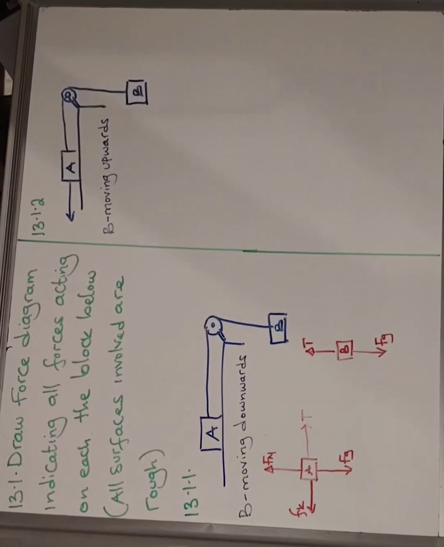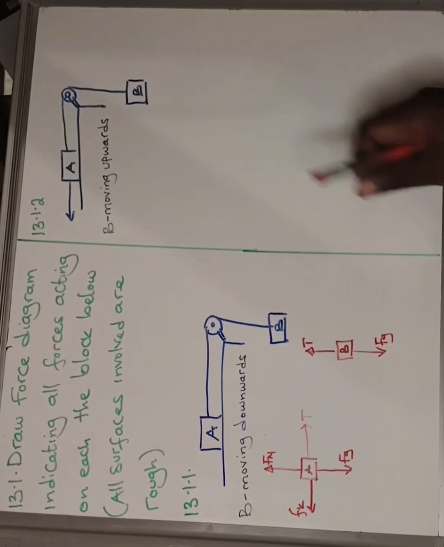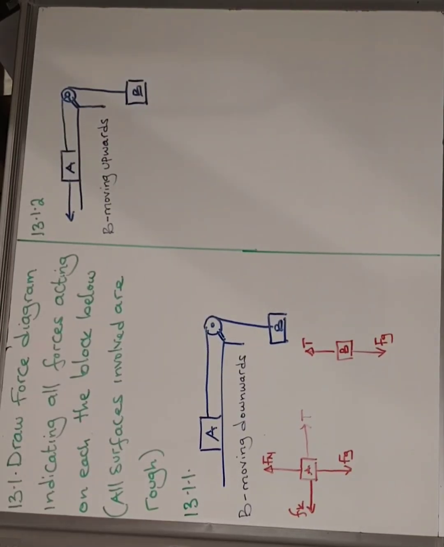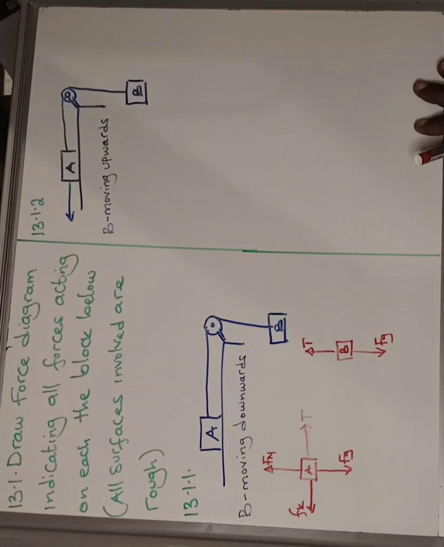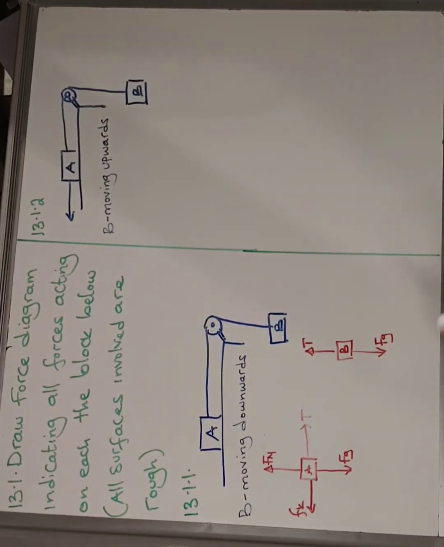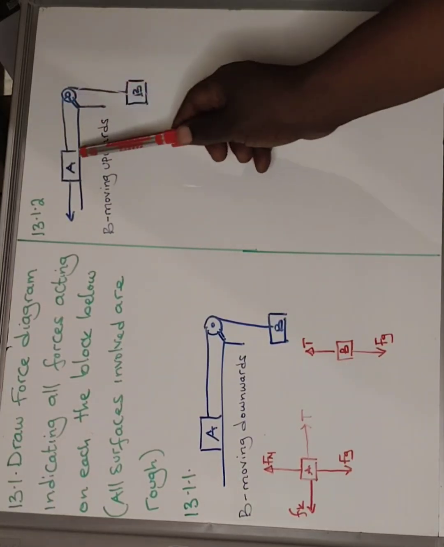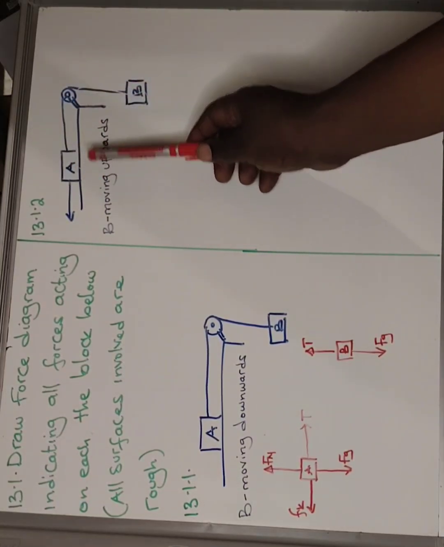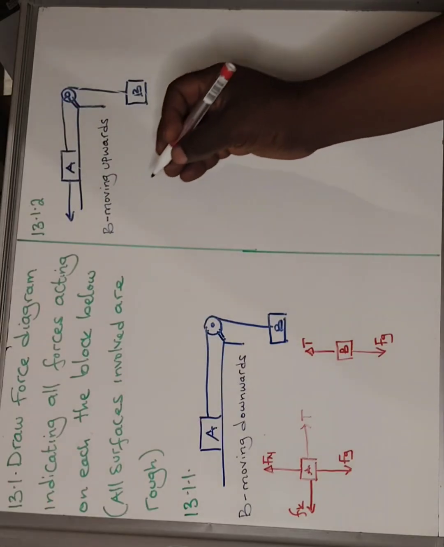Then comes this one. We are drawing force diagrams of A and B, and we are given the direction. They're saying B is moving upwards. So when B moves upwards, where does A go? It goes to the left. So what do we have here?